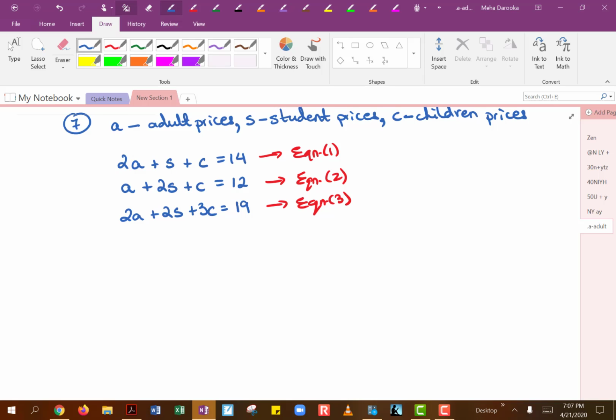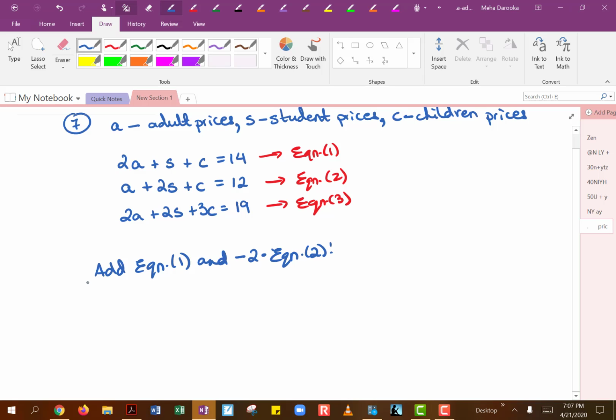So let's go ahead and add equations 1 and 2, but I need to make one of these into a negative 2a and one of these into a positive 2a. So since equation 1 already has a positive 2a, let's make equation 2 have the negative 2a, which means we need to take our equation 2 and multiply it by negative 2.